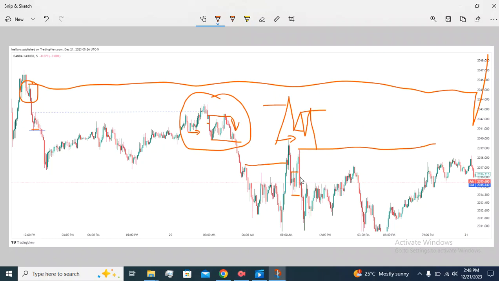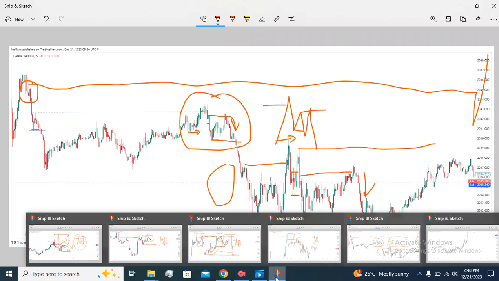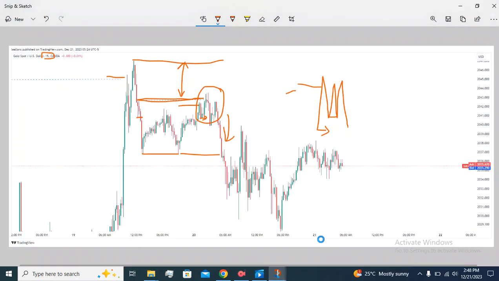While at our first break of structure, we can see this one is the 5 minutes time frame. But it's the fractal nature of markets. It's good to operate on the higher time frames. That is it for gold today.